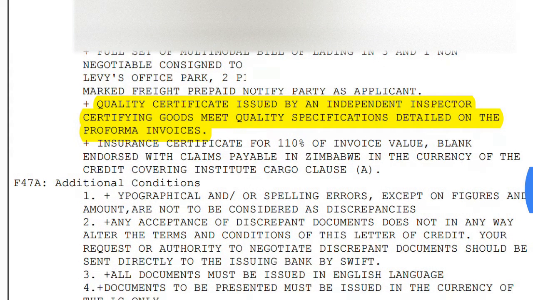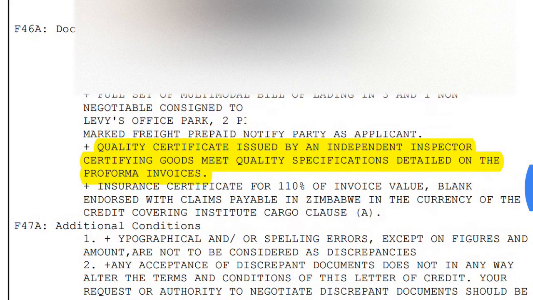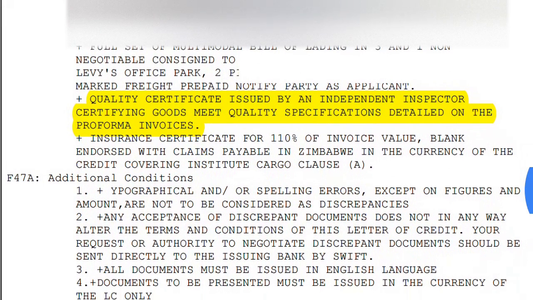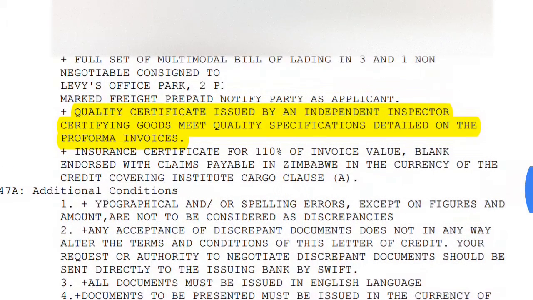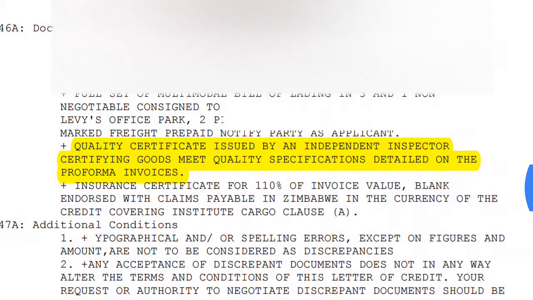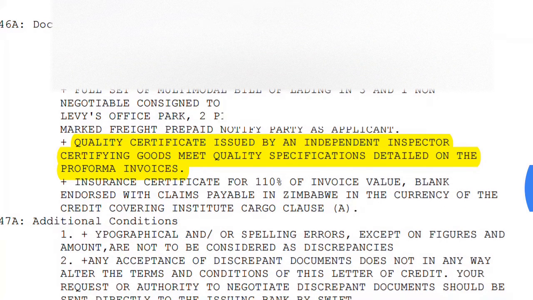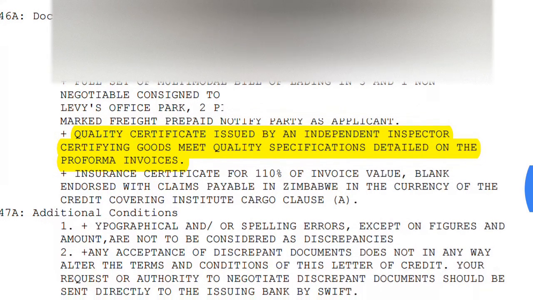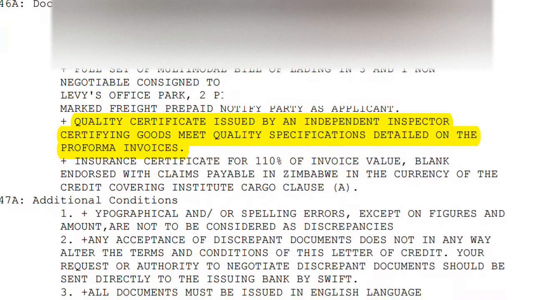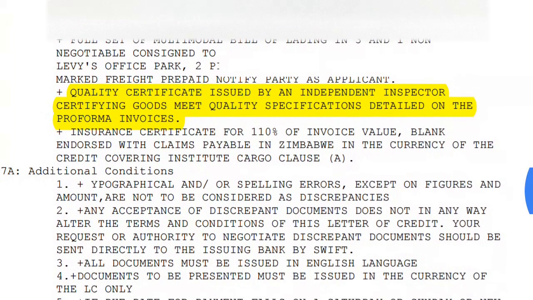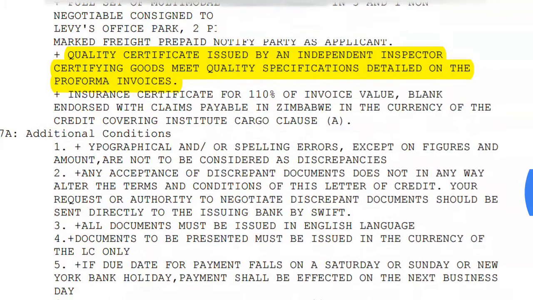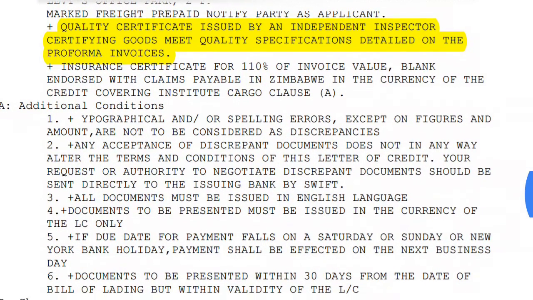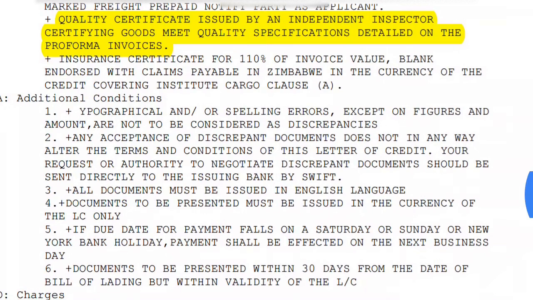So we require this. Now negotiable, consignee to order: here the negotiable consignee is not the buyer. In this LC the bank will be the negotiable consignee. A quality certificate issued by an inspector is also required.